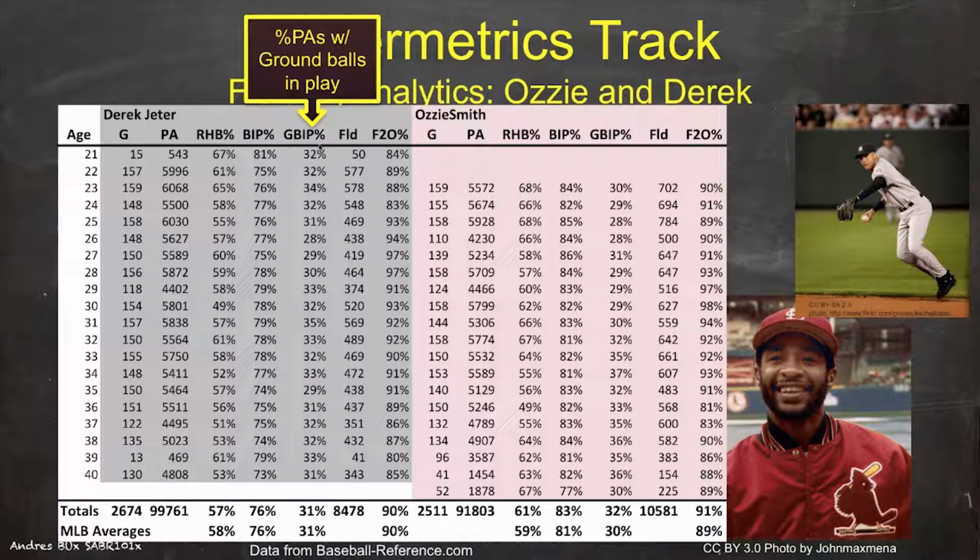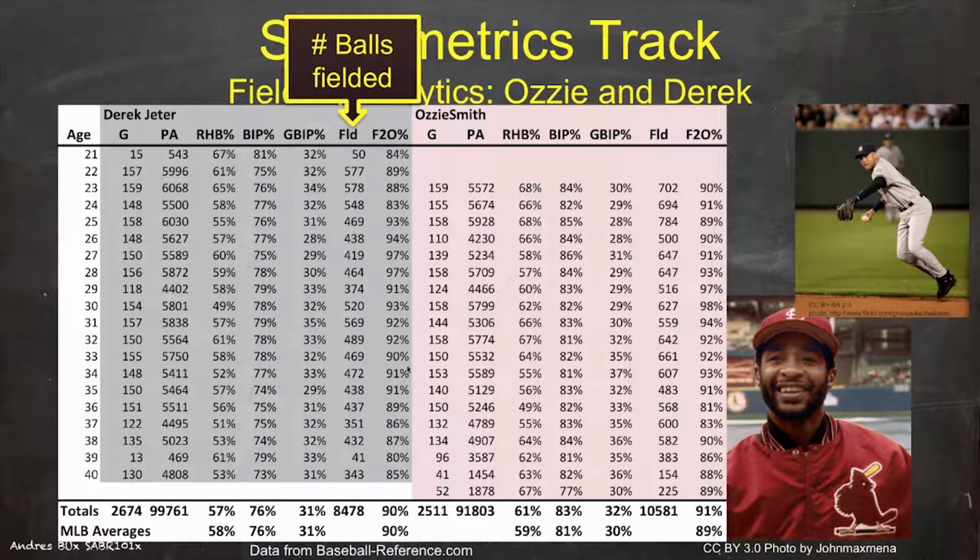The next column is actually the number of balls fielded. And this is one of the essential measures of range. How many balls fielded given the ground ball opportunities, the balls in play opportunities, and then the handedness of the batters and the pitchers versus all the plate appearances where that fielder was actually in the play.